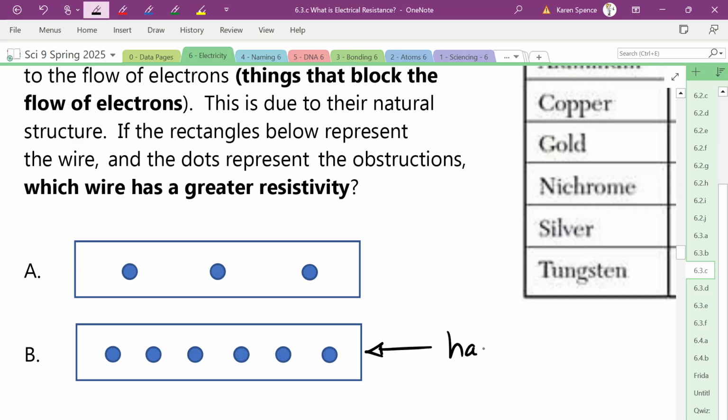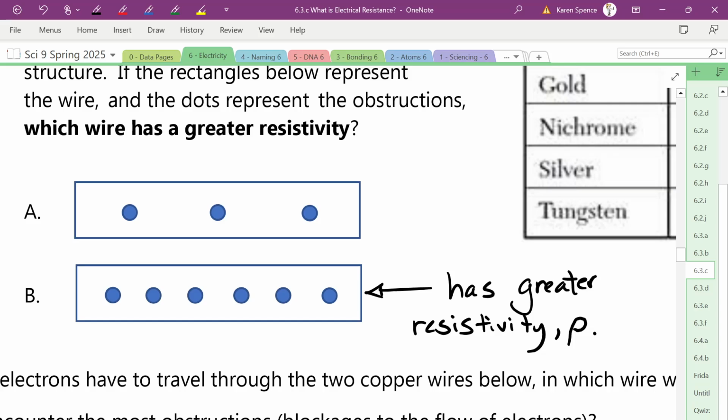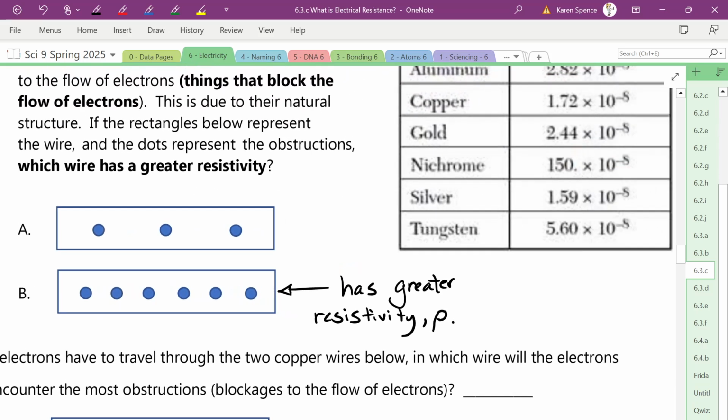Yes, B has a greater resistivity because it has more obstructions.